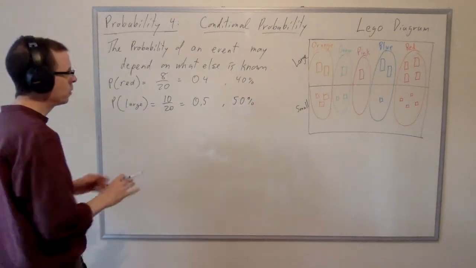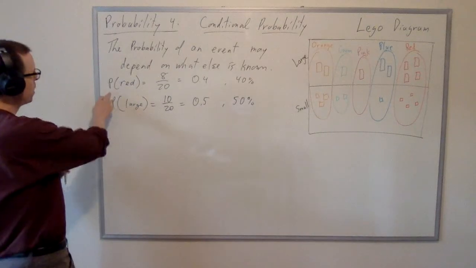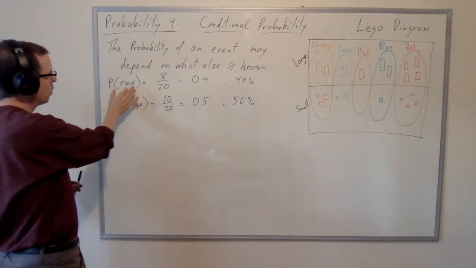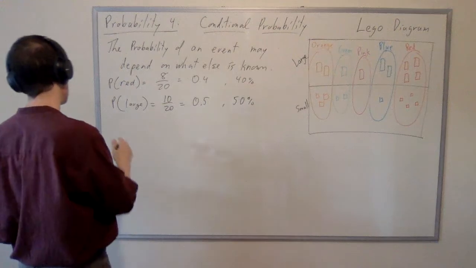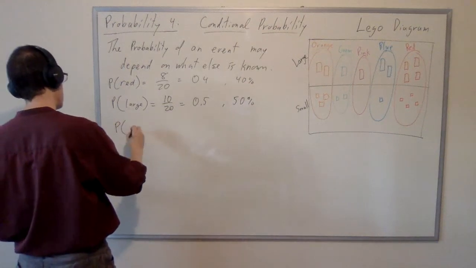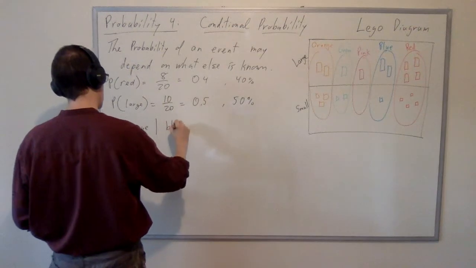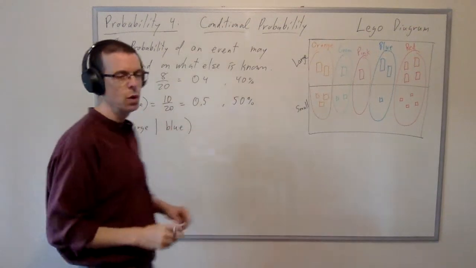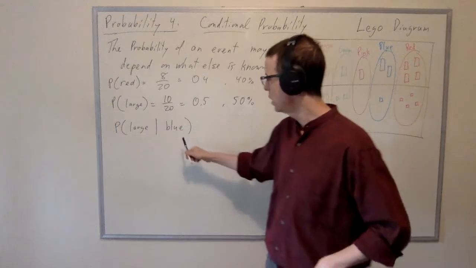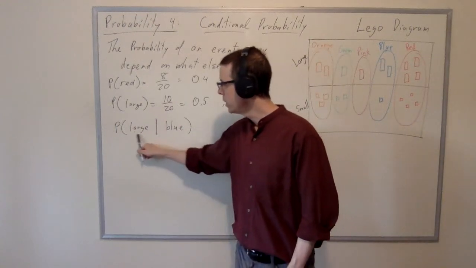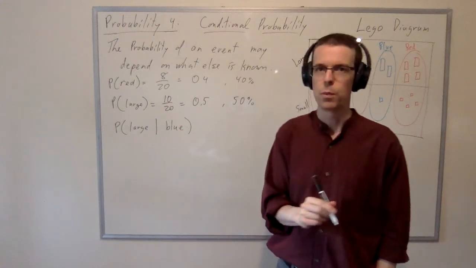So the way we write this is we write the same, probability of an event, but we put the condition after a vertical bar. So the probability of being large, then we put a vertical bar, and we write blue here. So what this means here, this is the condition that we know, and this is the thing that we're trying to assess the probability of.